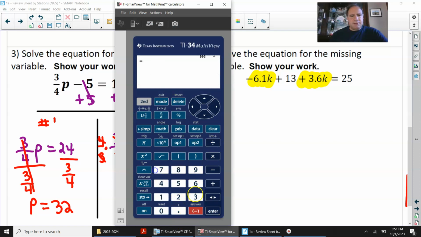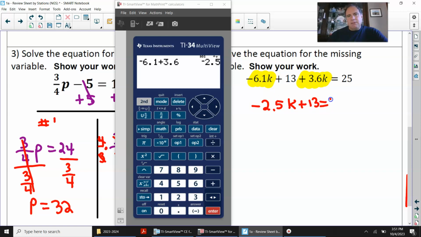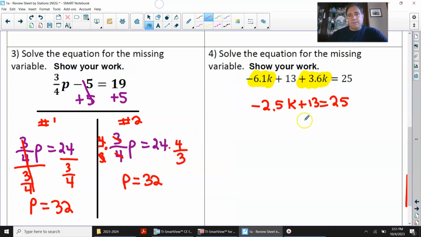This is negative 6.1 plus 3.6. This is negative 2.5, and it's K. You bring down the plus 13, and you bring down the equal sign, and you bring down 25.